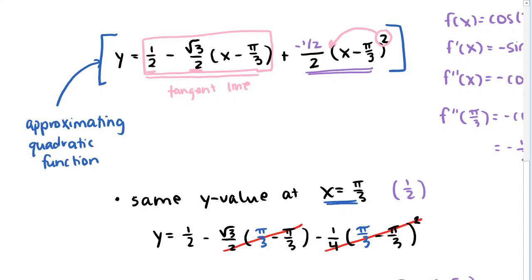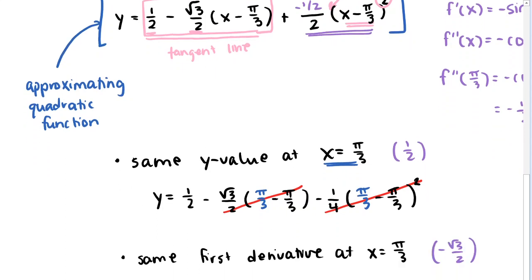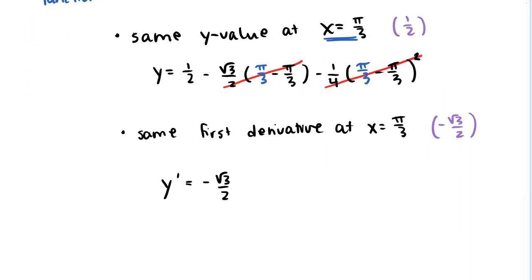Bring down that factor of 2, multiply with x minus pi over 3, and then multiply that with the derivative of our inner function, which in this case, the derivative of x minus pi over 3, that's just 1. Right? The derivative of x minus pi over 3 is just 1. And so here what we get is, we have that negative 1/4.